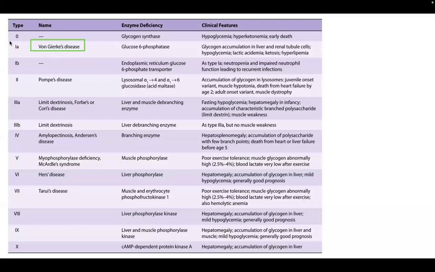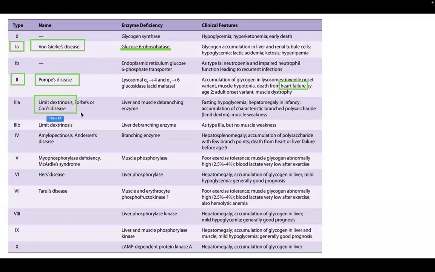That is actually type 1A. Know the enzyme. It's glucose 6-phosphatase. Next is pump. What is pump? That is type 2. Two hearts beating as one. It is associated with heart failure or pump failure.